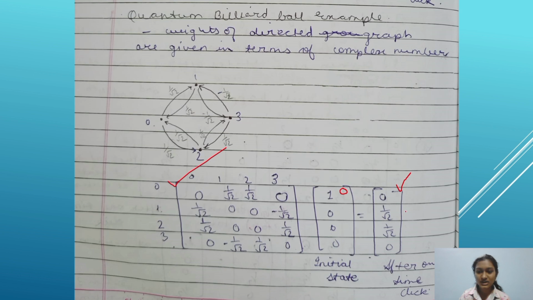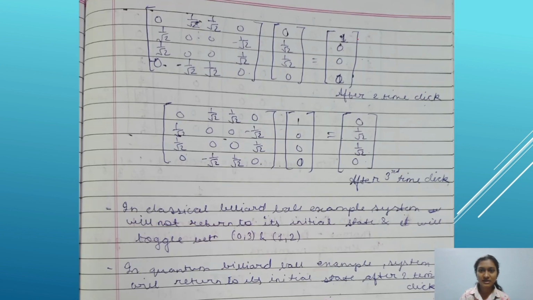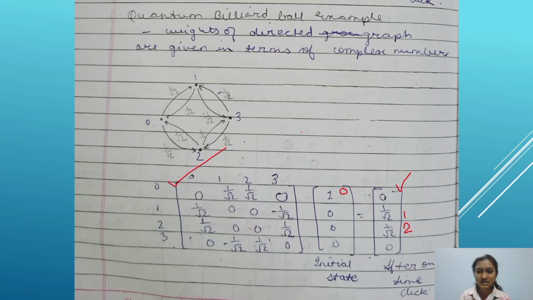Here the ball after 1 time click is at 1 and 2. After 2 time click, the ball is at 0, right? Yes, we have got the matrix that is the initial state 1 0 0 0.